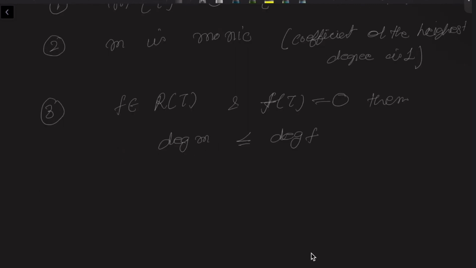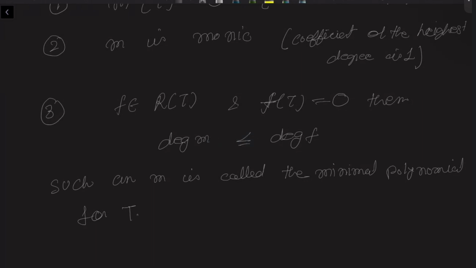If these three properties are satisfied, then we say that such an m is called the minimal polynomial for T. So this is how we actually define a minimal polynomial.